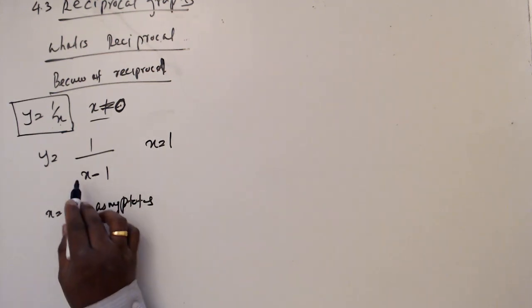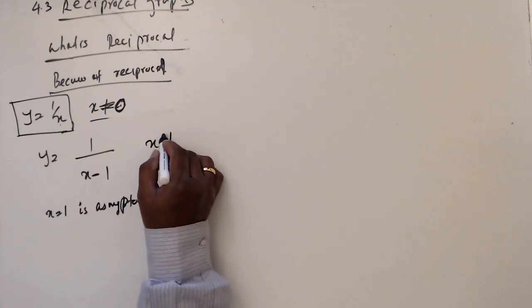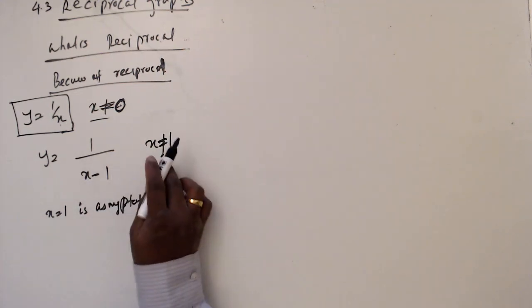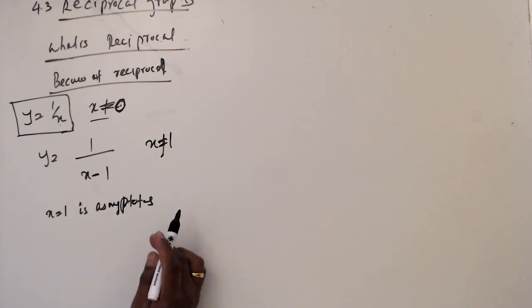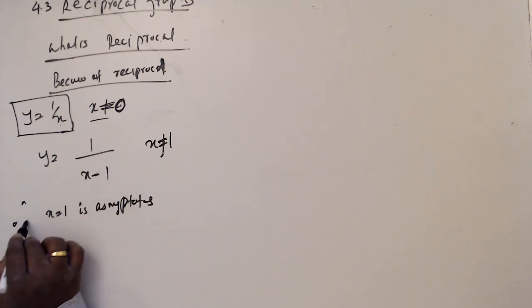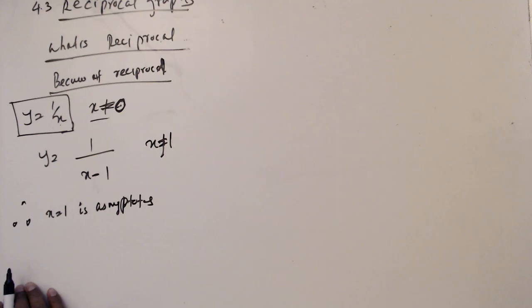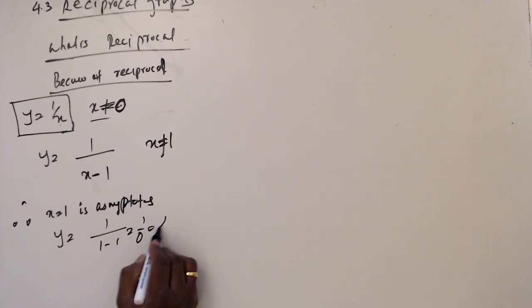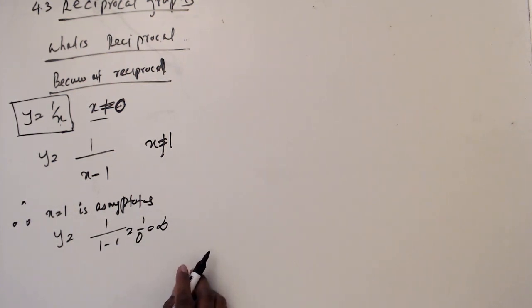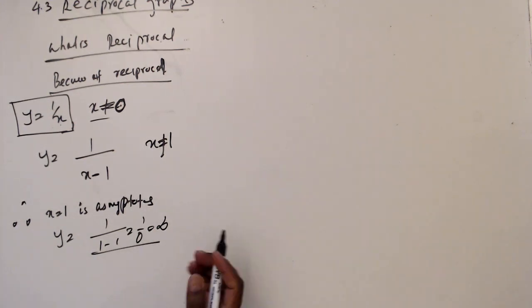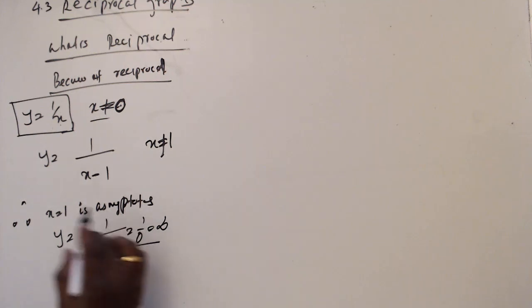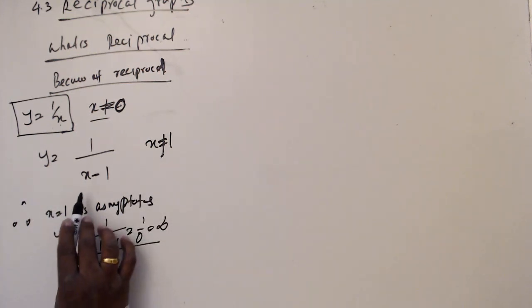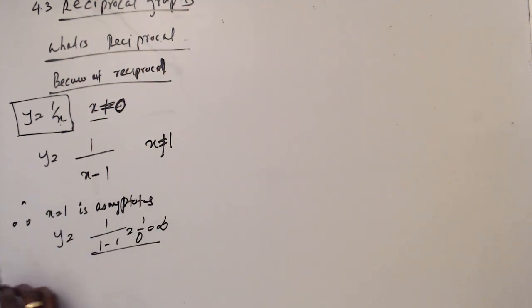Why? Because when I substitute x equals 1, 1 minus 1 is 0, and 1 over 0 is going to be infinity. So the machine will break. You can't process this number. Hence, x equals 1 is an asymptote.